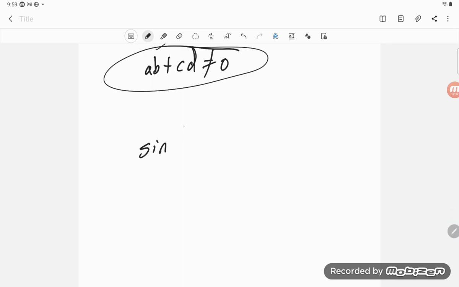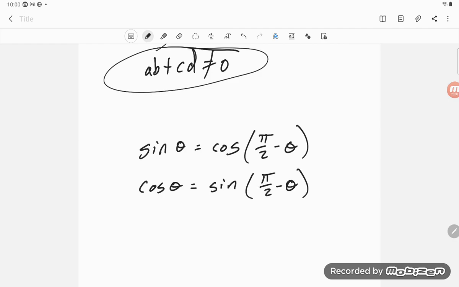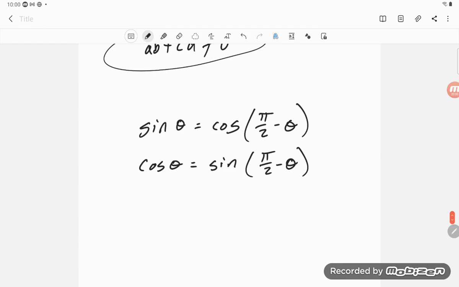sine theta is equal to cosine of pi over 2 minus theta, and cosine theta is equal to sine of pi over 2 minus theta, I think. And so if we go with these, I could just make a substitution for that angle.